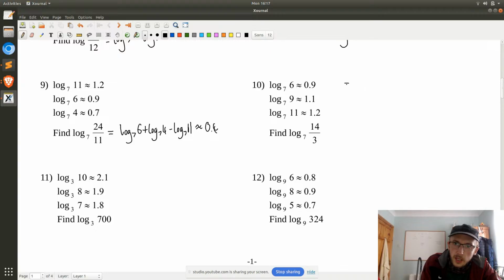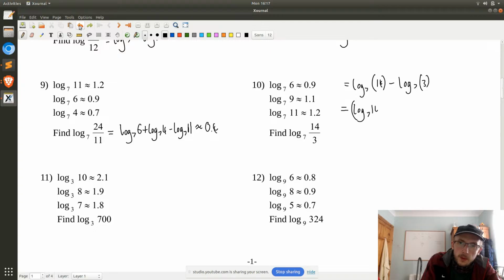Sometimes you meet these ones. Okay, so it's log base 7 of 14, take away log base 7 of 3. Agreed. If we know log base 7 of 9, okay, and log base 7 of 14 is log base 7 of 14.